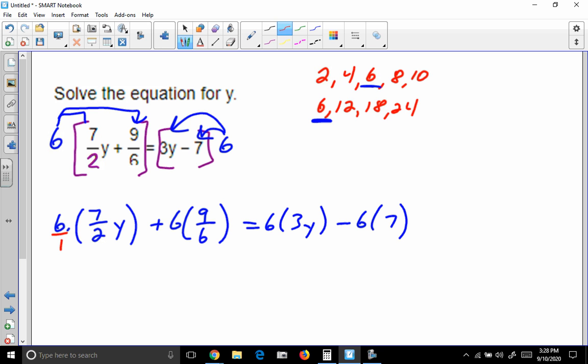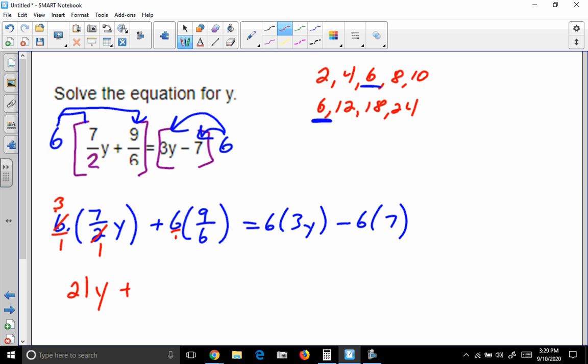So when we do 6 times the first one, 2 goes into 2 once. So that leaves us with 3 times 1. Just a 1 on the bottom. 1 times 1 times y.